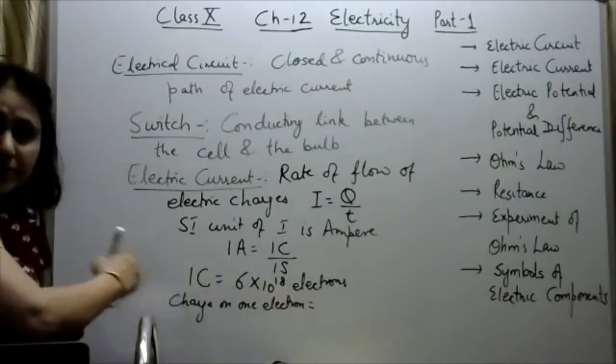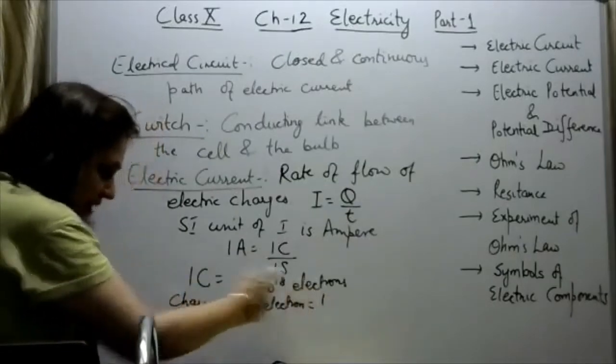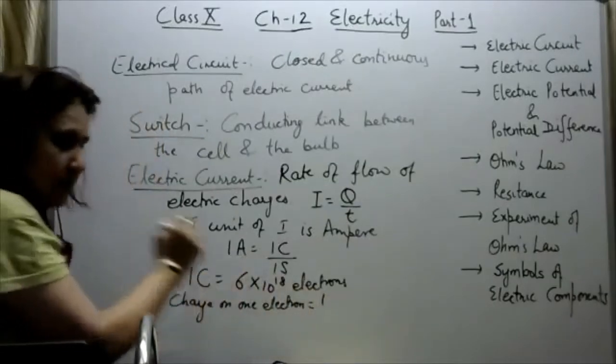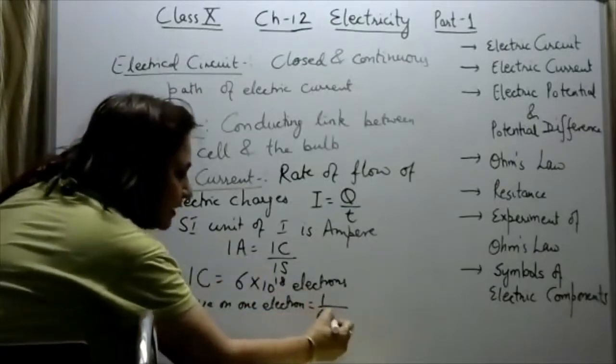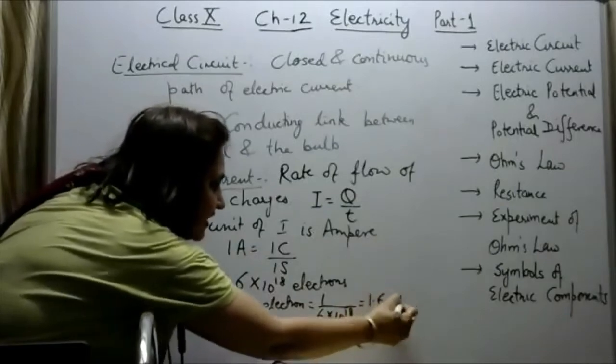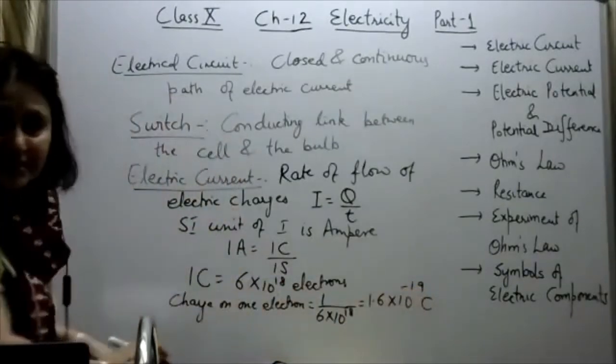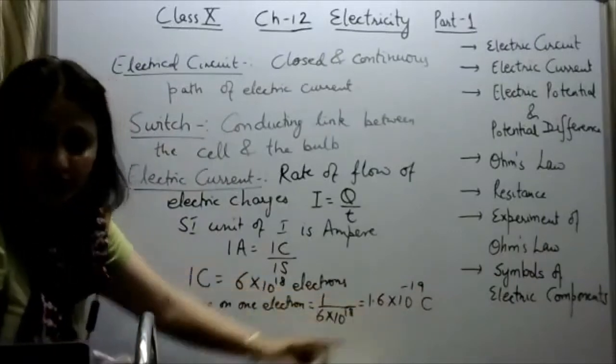The charge on 1 electron will be equal to 1 upon 6 into 10 raised to the power 18. When calculated, this comes out to be 1.6 into 10 raised to the power minus 19 coulomb. As it is an electron, the charge will be negative.